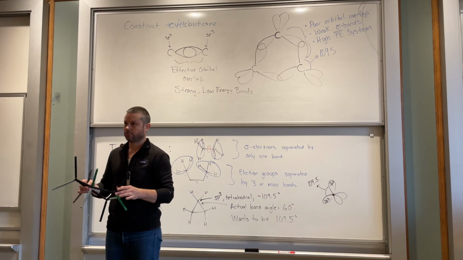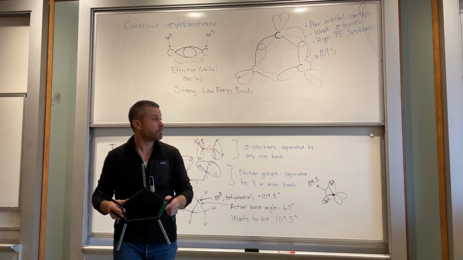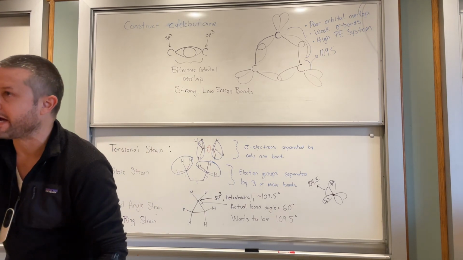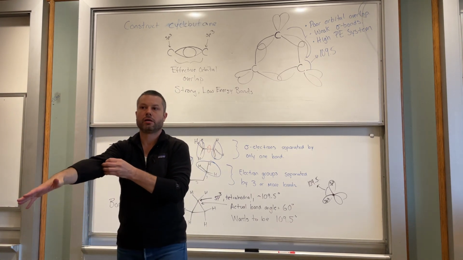All right, so cyclopentane is completely planar. All 5 carbons of that ring are in one plane.